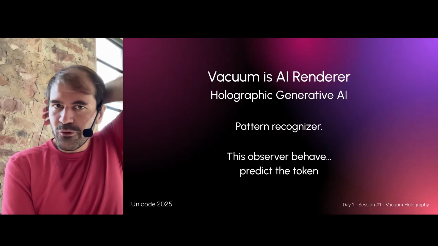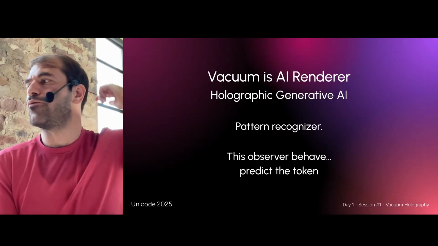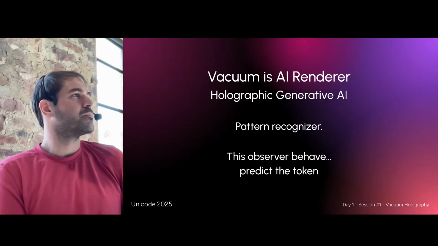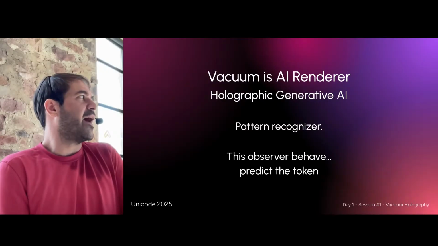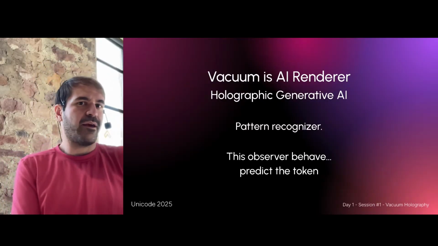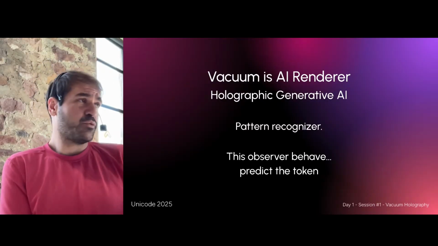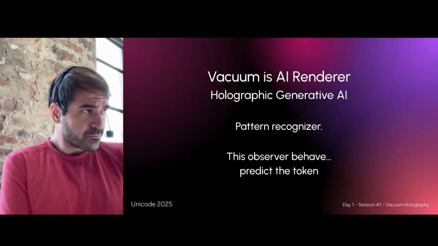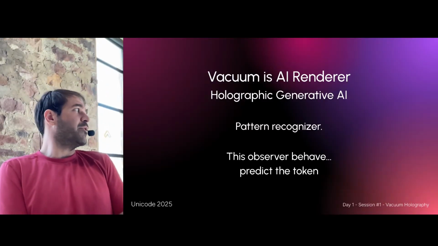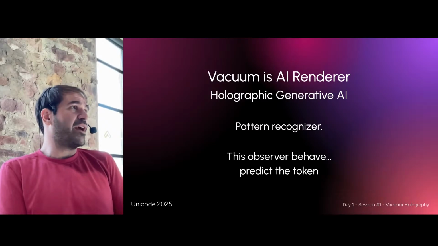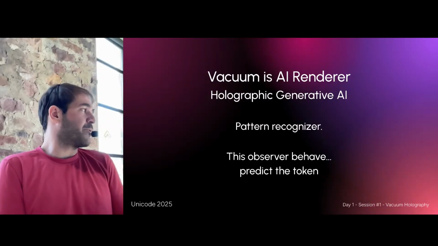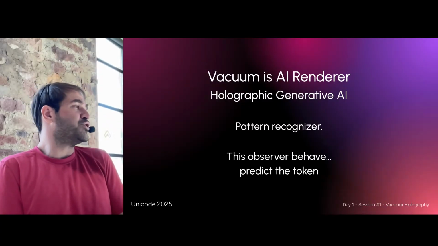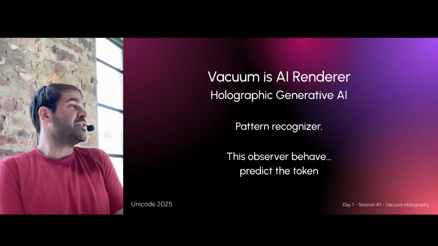So the vacuum is actually like an AI renderer. It's like a holographic generative AI. This is where you start getting into how deeply the vacuum in physics and holography in physics connect to artificial intelligence, generative AI and procedural generation.